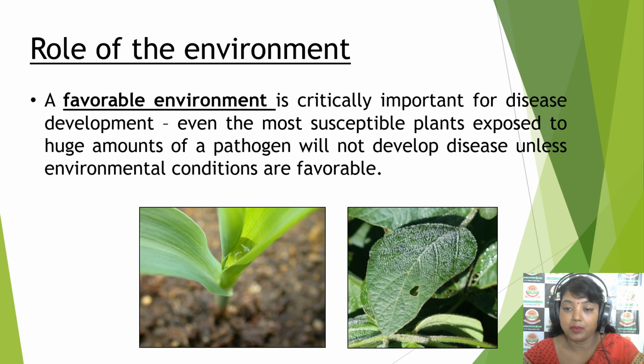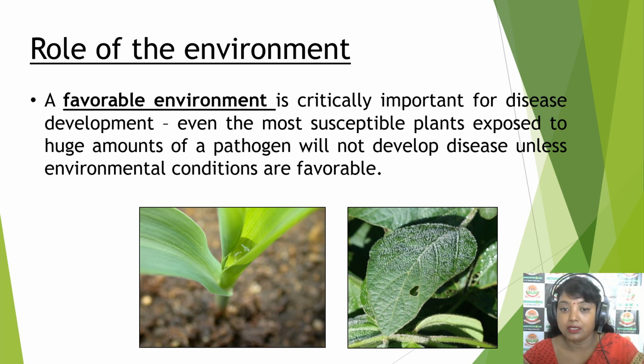When susceptible plants, which are weak and can be infected very easily, are exposed to a huge amount of pathogen, but the environment is not favorable, then the pathogen won't affect the plant.